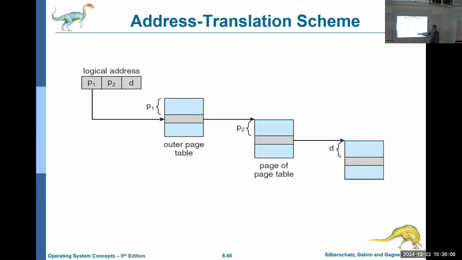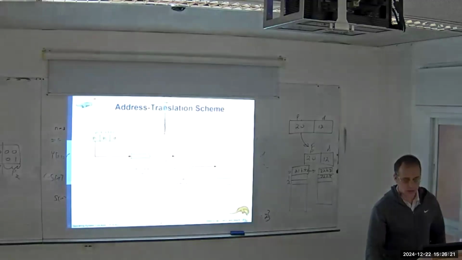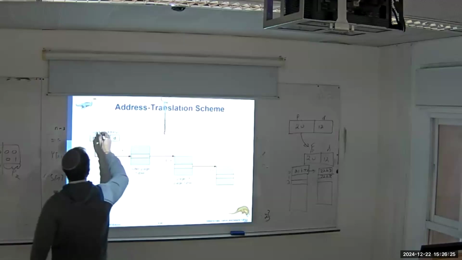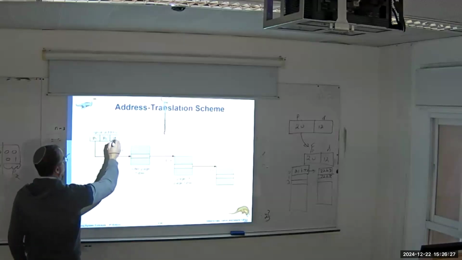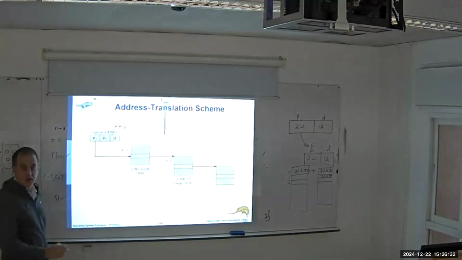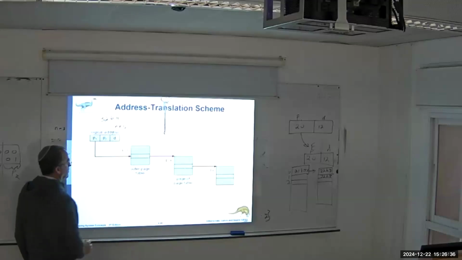Now, wait a second. I have a question for you now. Let's go back to this again. Let's say this D is 12 bits, and we're still in a 32-bit world, a 32-bit address.